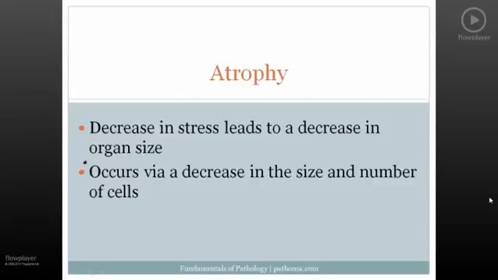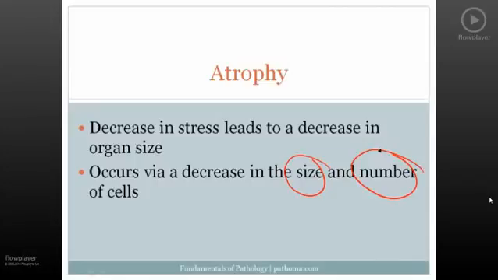Number one would be for the size of the cells that make up the organ to decrease, or number 2 would be for the number of cells within that organ to decrease. If the size of the cells decreases, the organ would decrease in size, and if the number of cells decreases, the organ would also decrease in size.